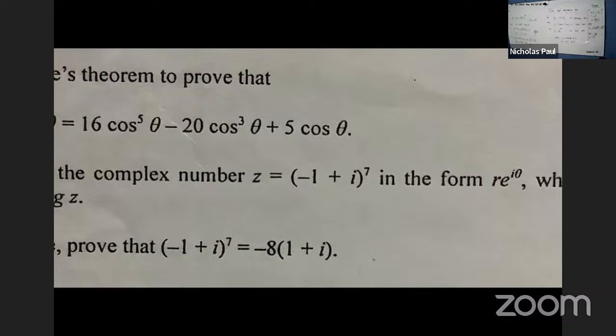Yeah, but then polar form and you have to figure out the next one. Don't do this one. We're doing this one.